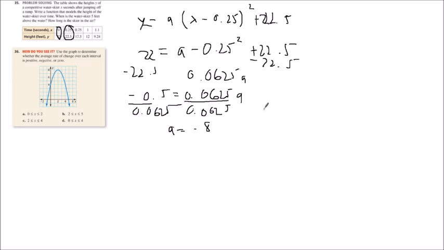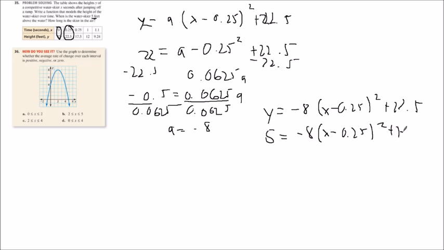So then our equation is y equals negative 8 times x minus 0.25 squared plus 22.5. But we want to know when the water skier is 5 feet above the water. When the water skier is 5 feet above the water, the height y is 5. So we can put 5 in there and figure it out.